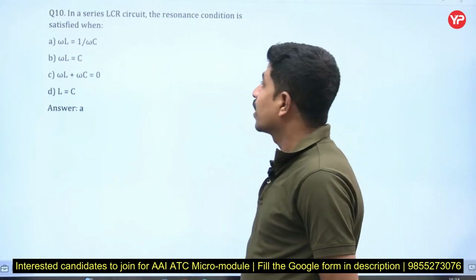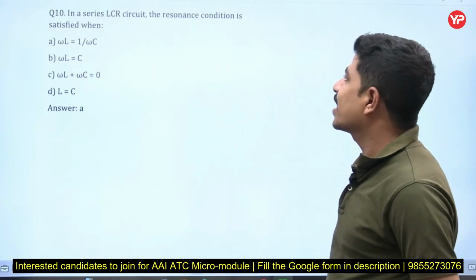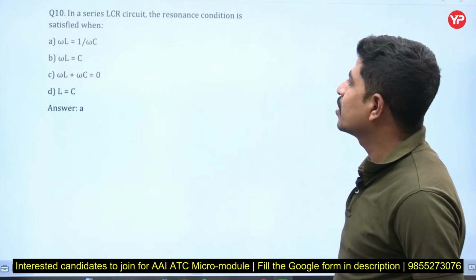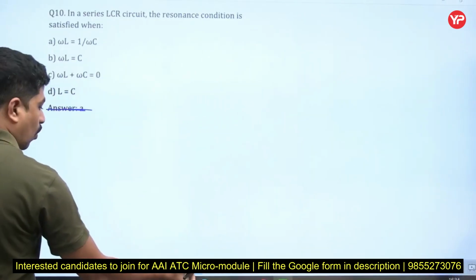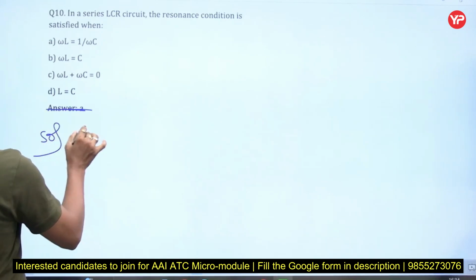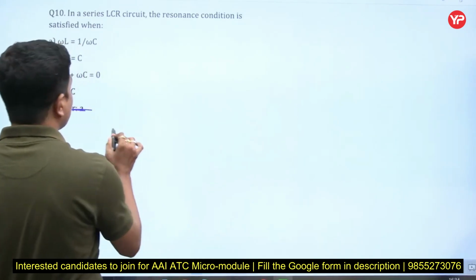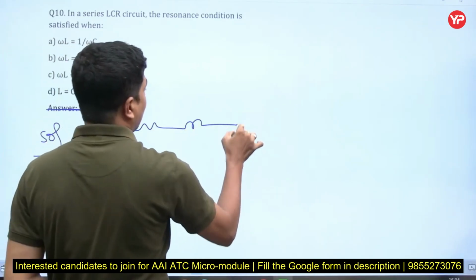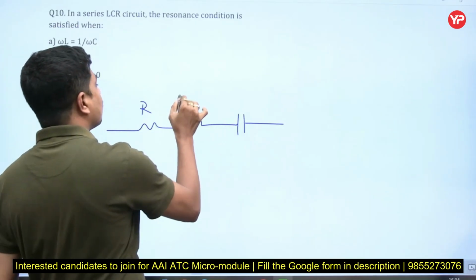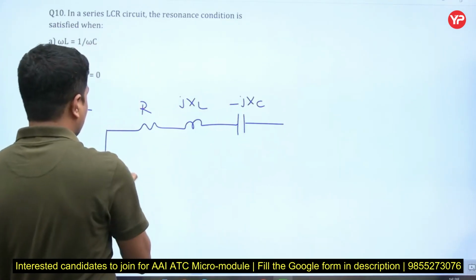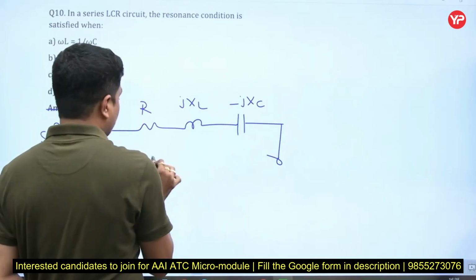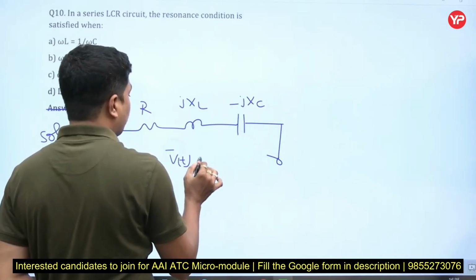In a series LCR circuit, the resonance condition is satisfied when... What is a resonance condition? First of all, let me draw a series RLC circuit. This is R, this is L and this is C. This is R, this will be jXL, this will be minus jXC. This is the voltage V of t we apply.